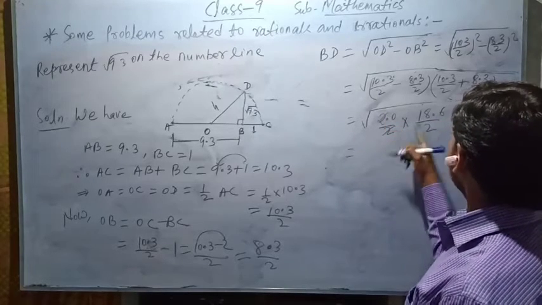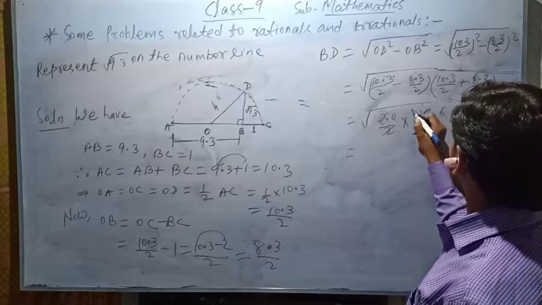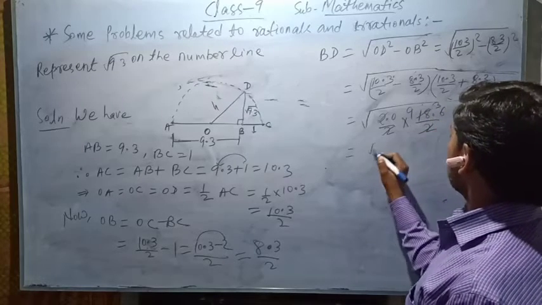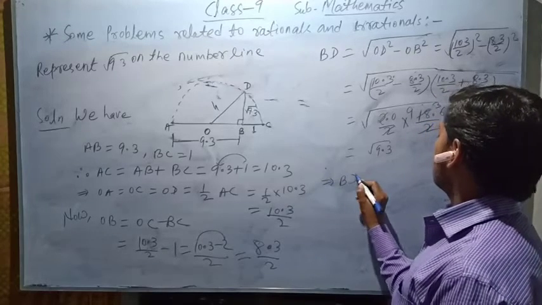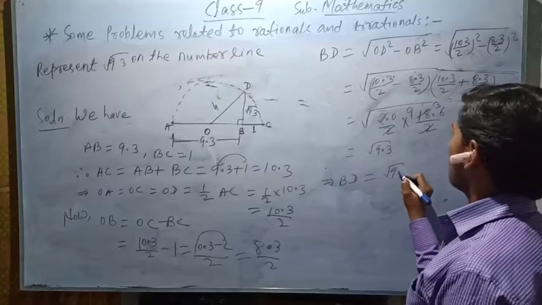It is equal to under root 9.3, which implies that BD is equal to under root 9.3.